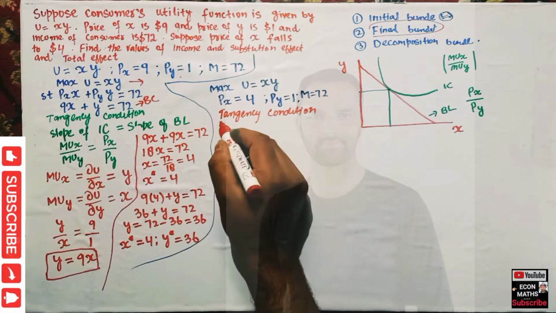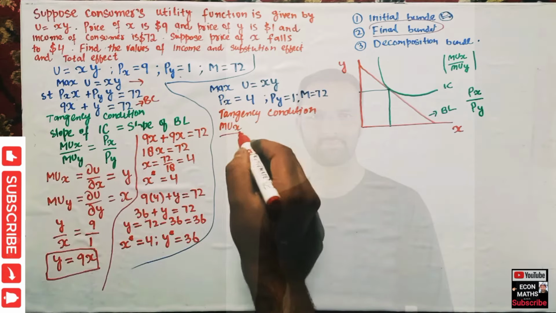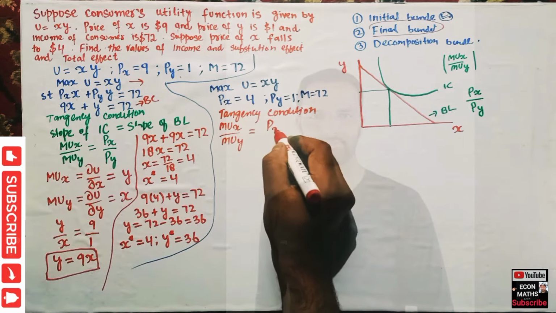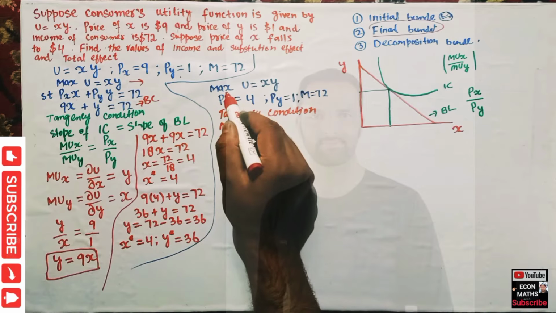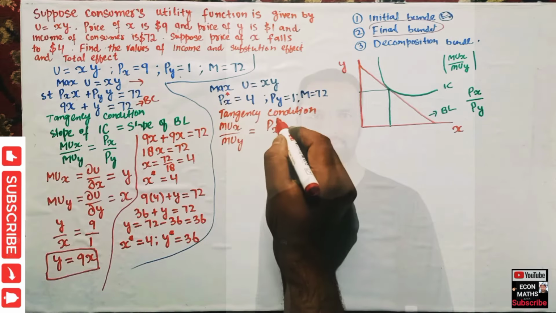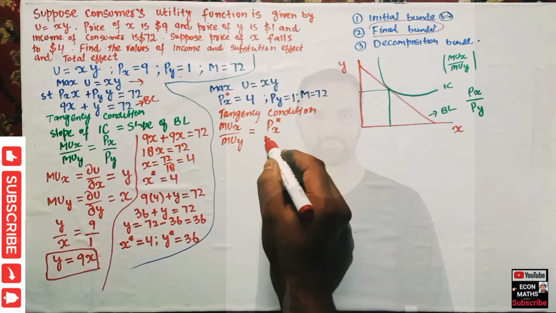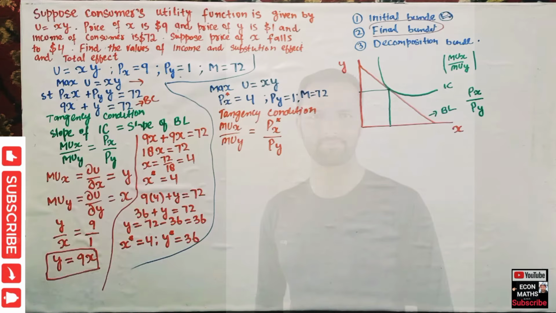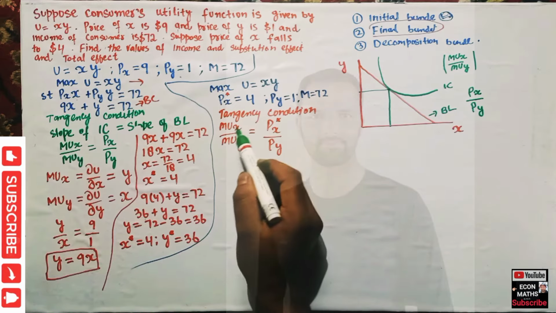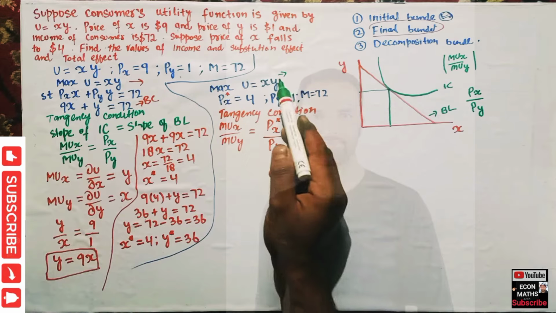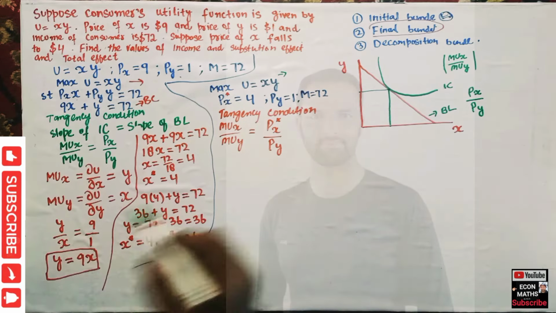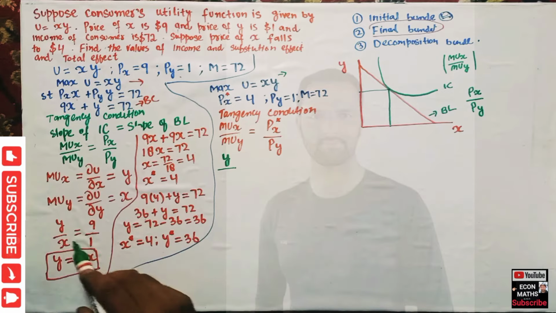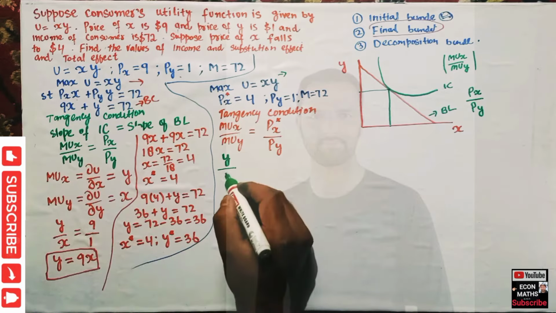That means marginal utility of x upon marginal utility of y should be equal to price of x, let us denote it by p star, this is our new price, upon py. It is the same because the price of good y has not changed. Now what is the marginal utility of x? In the same utility function, we have calculated that marginal utility of x is y. So I will write here y upon, what is the marginal utility of y? We have calculated, it is x.